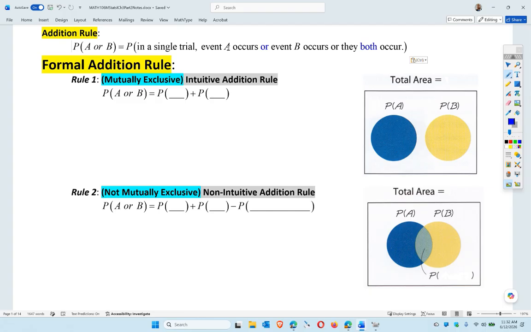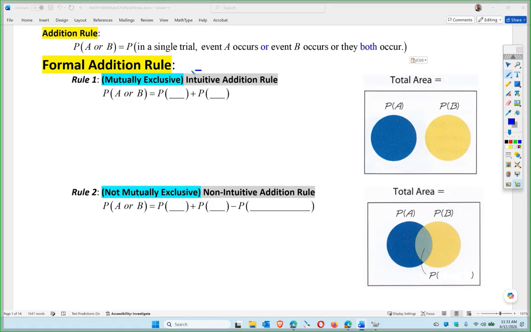So these are also intuitive or non-intuitive essentially. If it's intuitive, you can't be two things at the same time. If it's non-intuitive, you can be both things at the same time. So what does that actually mean, right? So I'm mutually exclusive, which means I'm either A or B. I'm apples or bananas.